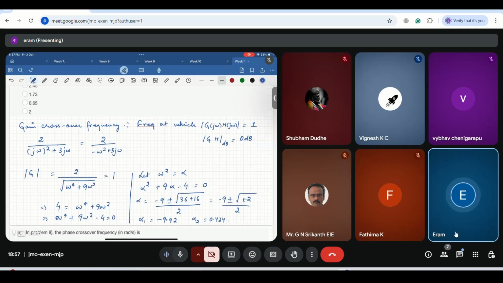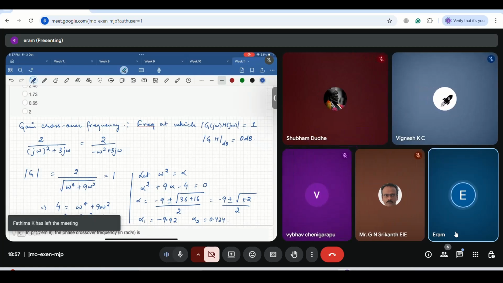Now, which alpha should we take? The positive one or the negative one? Remember that alpha equals to omega square. So alpha is representing the square of some real value. That means alpha can never be negative. So which value should we take? 0.424.